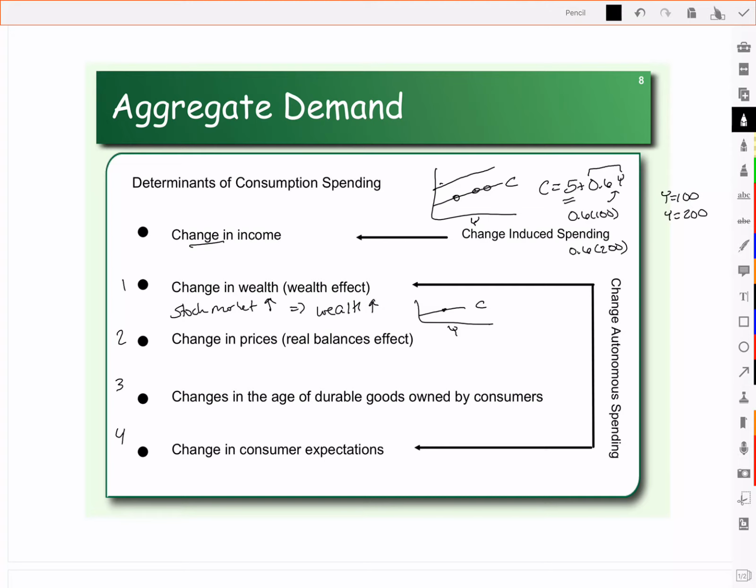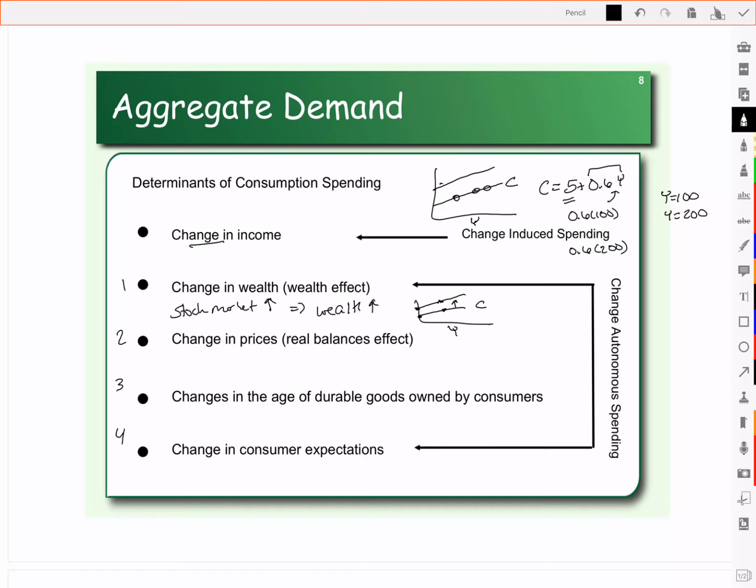So at the current income, if we have additional wealth, we're now willing to buy more goods and services. And so we actually shift up that consumption function. So we have more wealth, we're going to buy more goods and services, even if our income is 0. We're changing the autonomous spending.